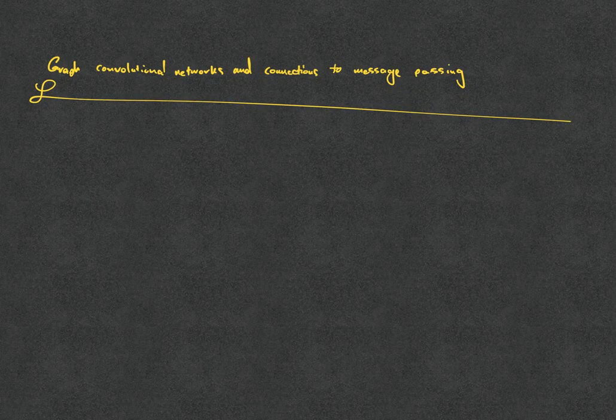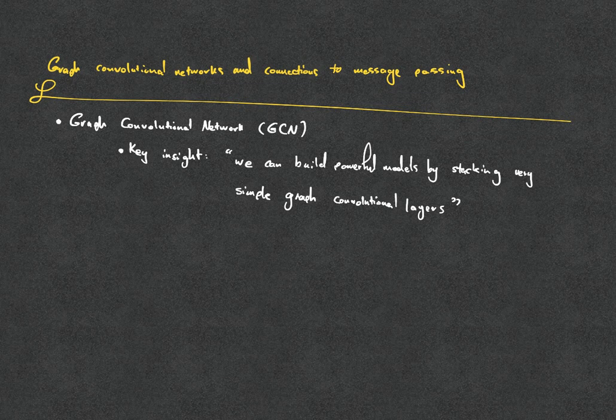Now let's talk about graph convolutional networks. The key insight for them from the book is that we can build powerful models by stacking very simple graph convolutional layers.